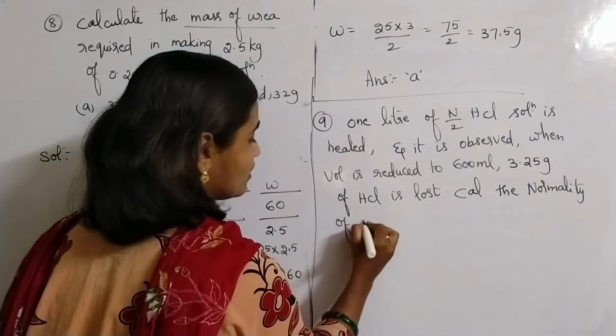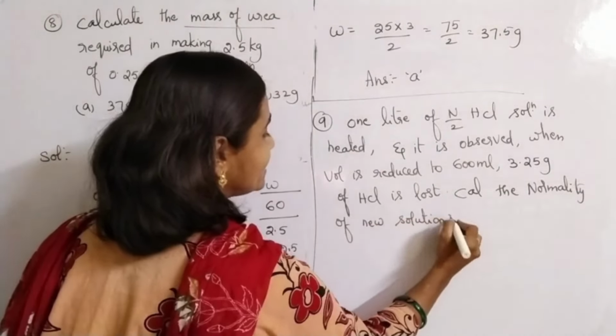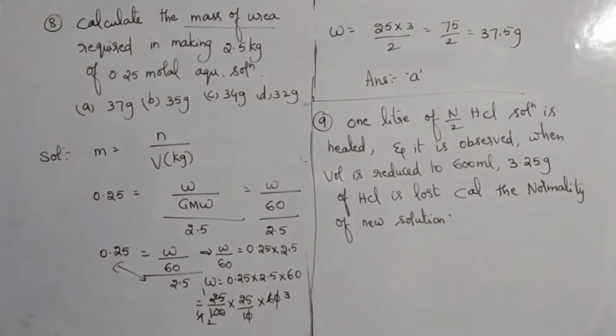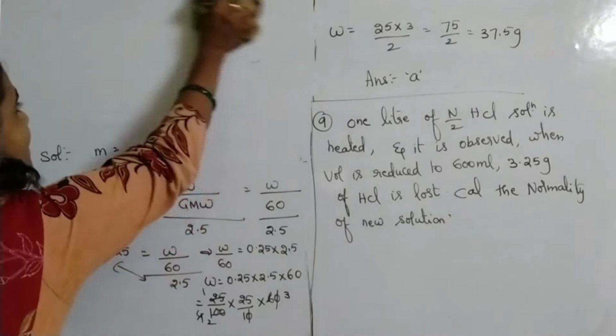Now, normality of the new solution. How will you calculate it? V1 is 1 liter, which means 1000 ml, because the next volume is also given in ml, 600 ml.